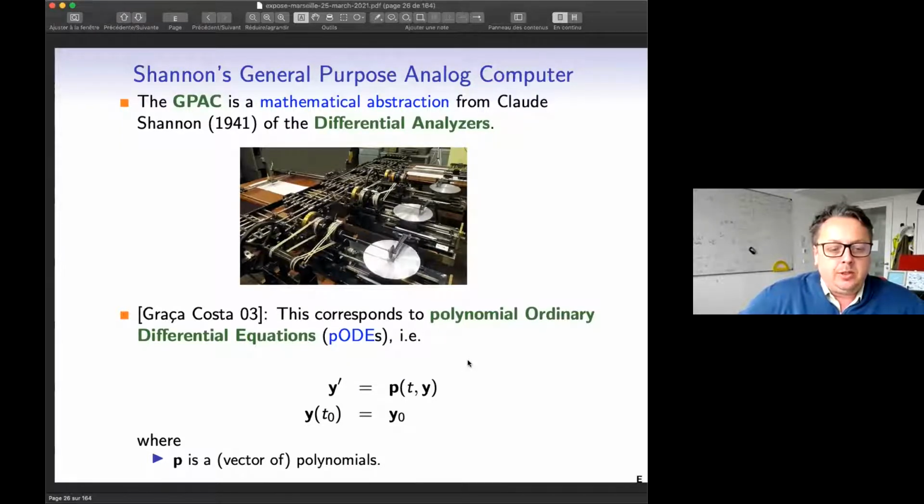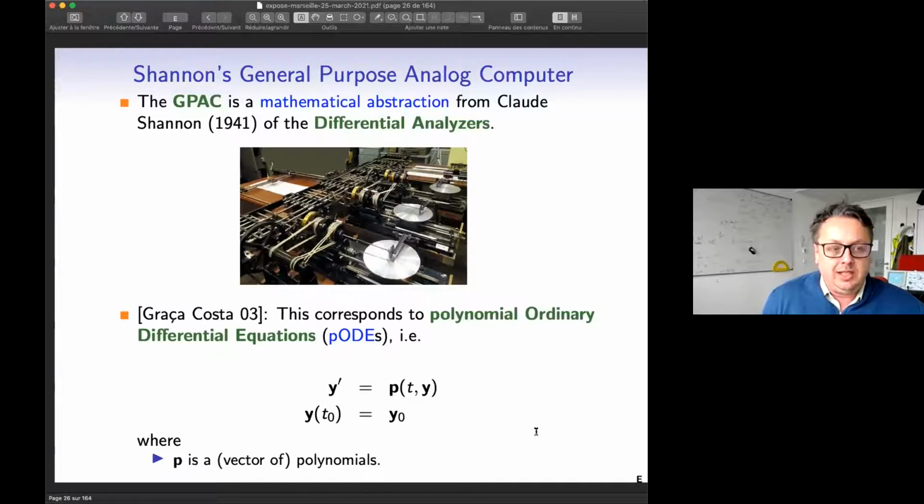And what you must remember is that these models, the GPAC, at the end correspond to polynomial ordinary differential equations. I mean, you have y prime equal a polynomial in the variables t and y, where y is possibly a vector. So it's a vectorial polynomial ordinary differential equation, where each of the components is a polynomial. And of course, you fix some initial condition.